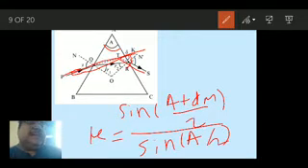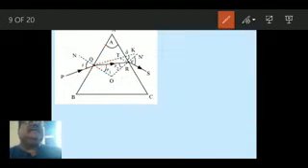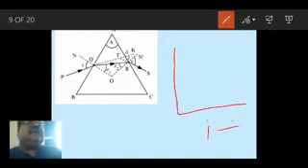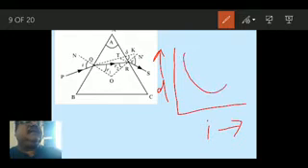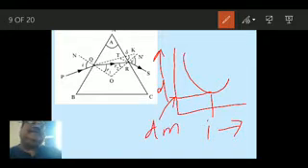But angle of minimum deviation dm is the minimum angle of deviation. That can be found out from this graphical method. Suppose we have plotted a graph of angle of incidence along the x-axis and angle of deviation along the y-axis. Then for a prism, the graph will look like this, and this minimum value of angle of deviation is called angle of minimum deviation.